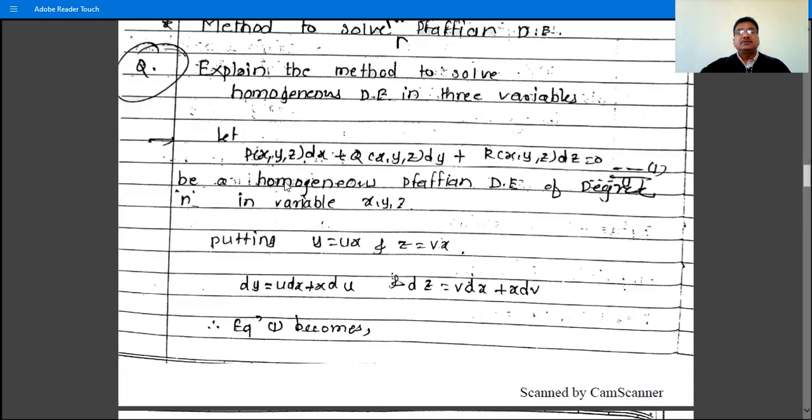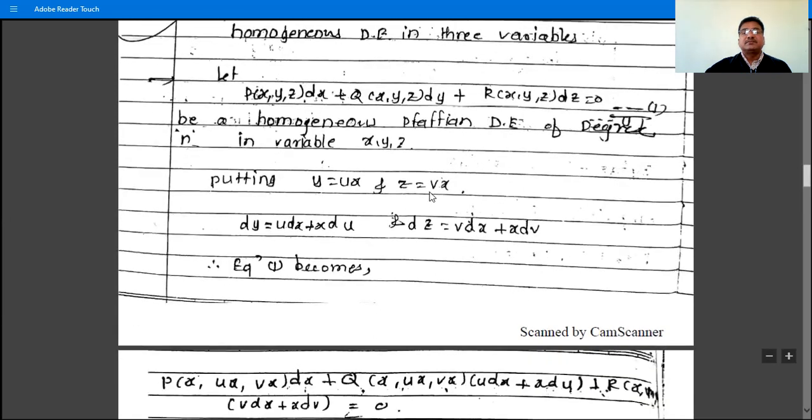And what is the method to solve it? Substitute just y is equal to vx. Here the substitution is y is equal to ux and z is equal to vx. So we have dy is equal to u dx plus x du, the derivative, and dz is v dx plus x dv.